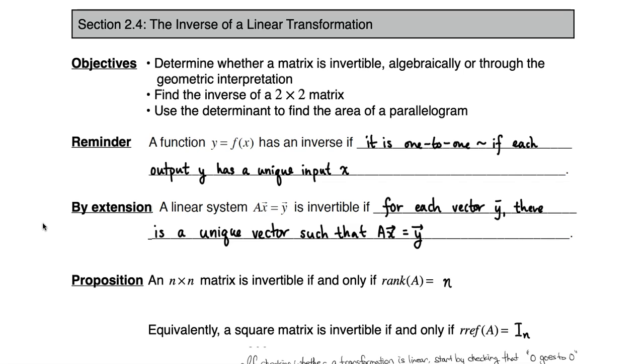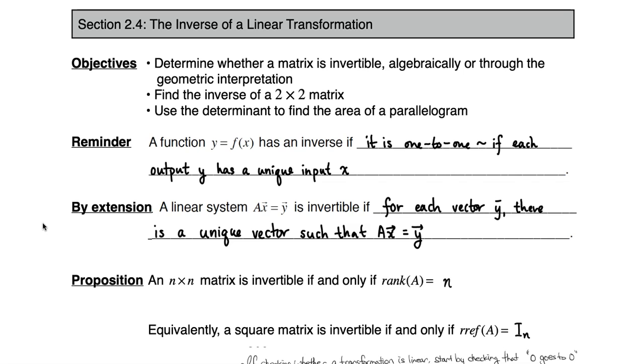And we can, by extension, think similarly of linear transformations. A linear system ax equals y is invertible if for all vectors y, there's only a single x such that ax equals y.